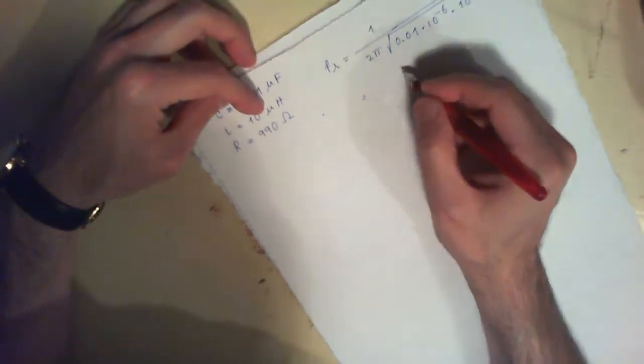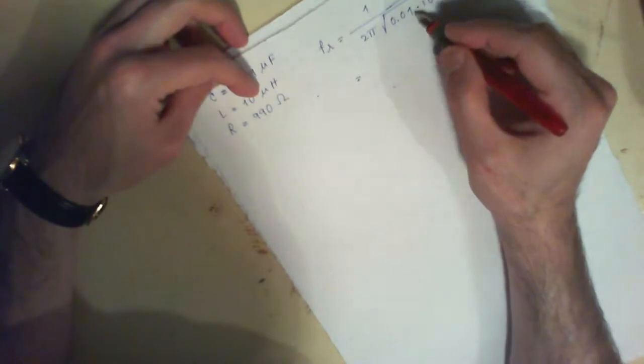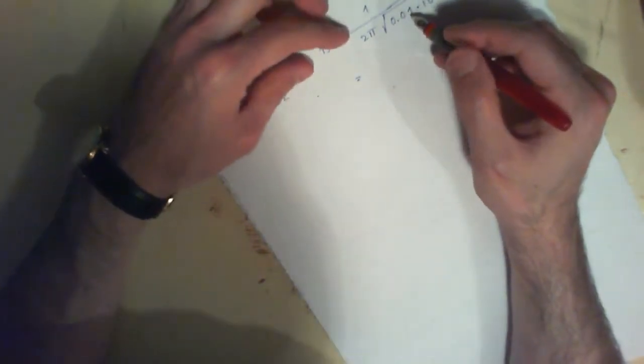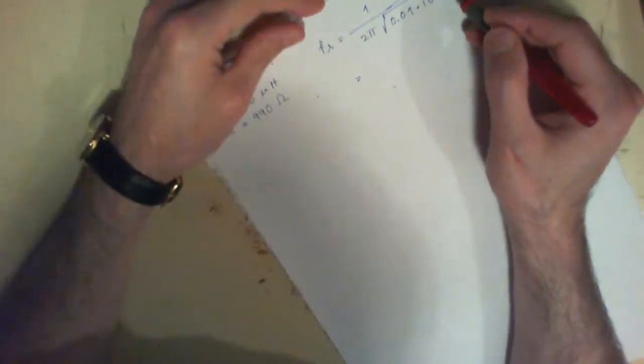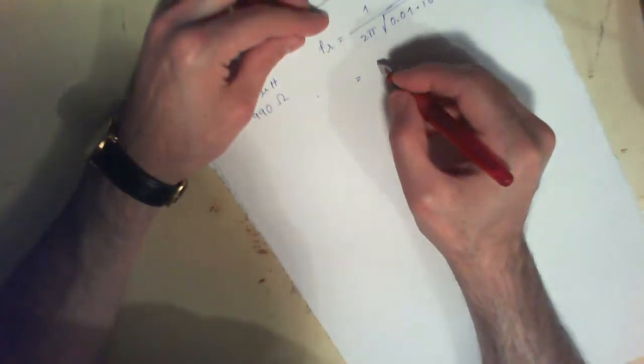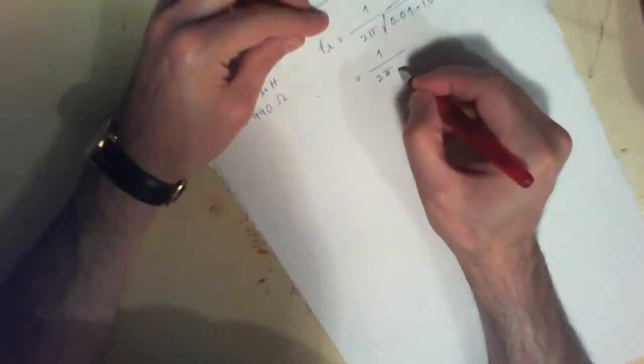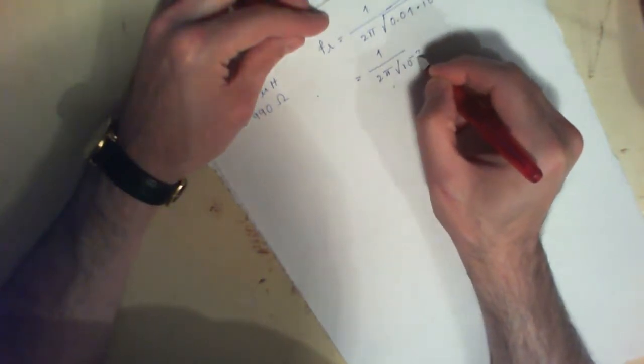That's 10 to the power negative 2 times 10 to the power negative 12, which is 10 to the power negative 14, and with the 10 over here you would get 10 to the power negative 13.